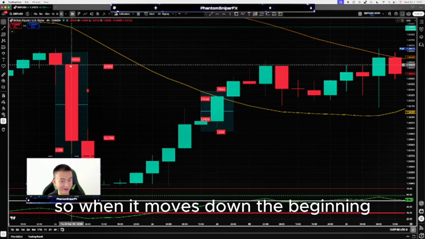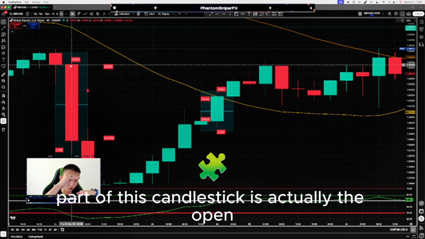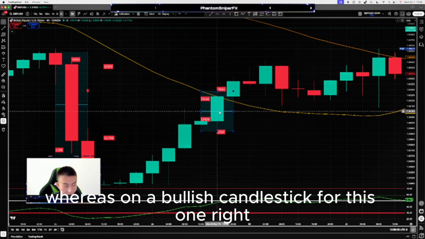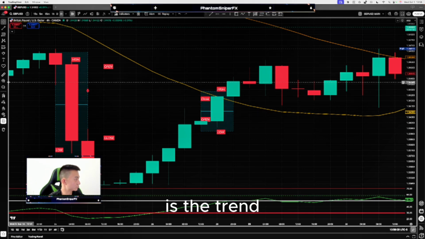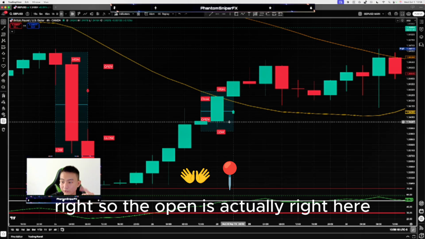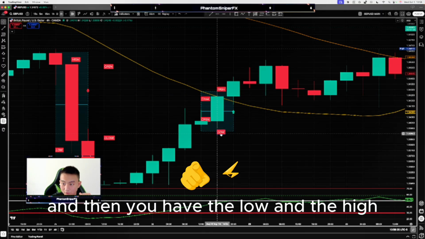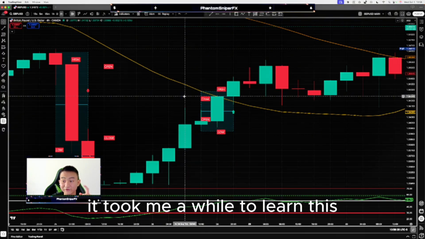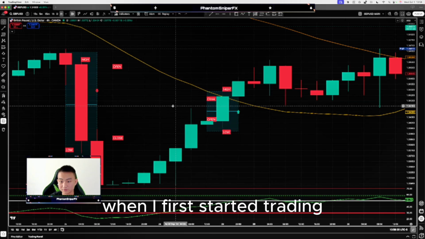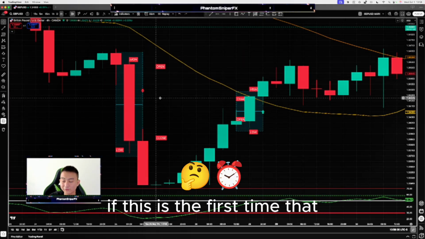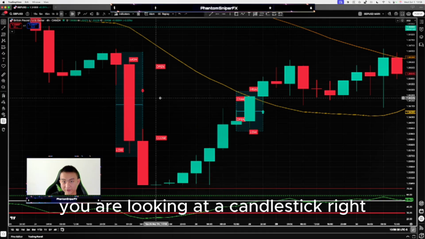So when it moves down, the beginning part of this candlestick is the open, whereas on a bullish candlestick, the trend goes up. So the open is right here, the close is up here, and then you have the low and the high. It took me a while to learn this when I first started trading, by the way, because it gets very confusing if this is the first time you are looking at a candlestick.